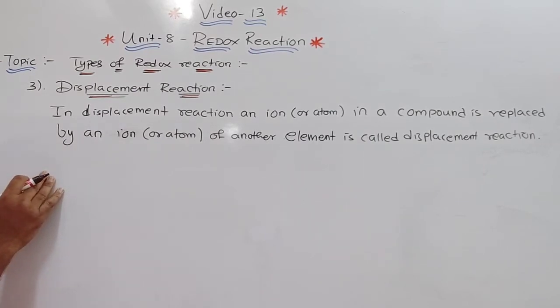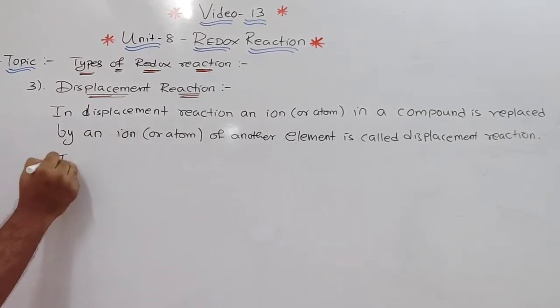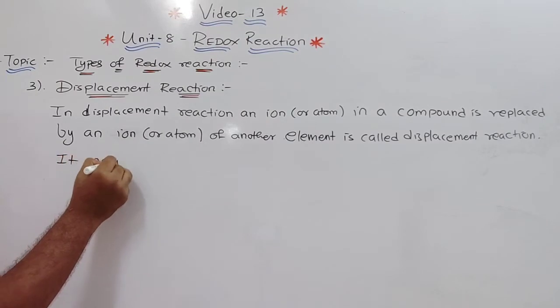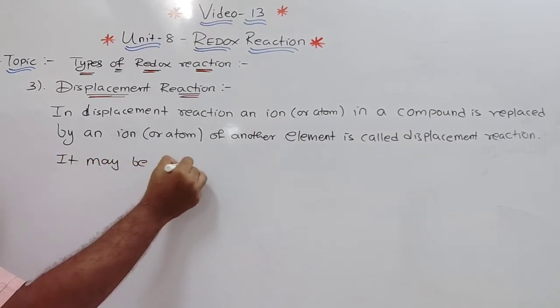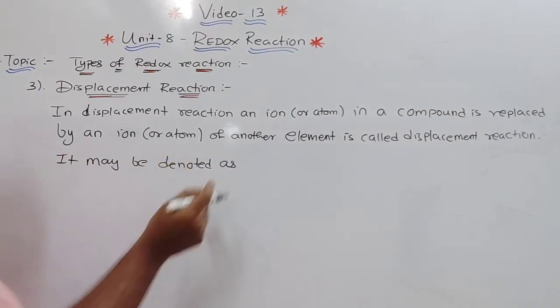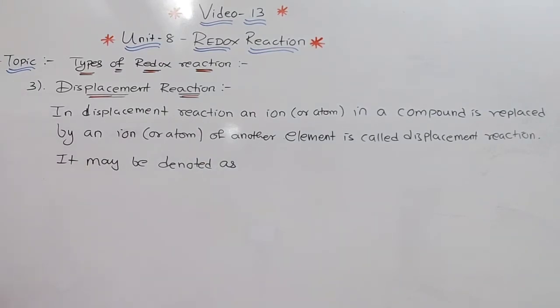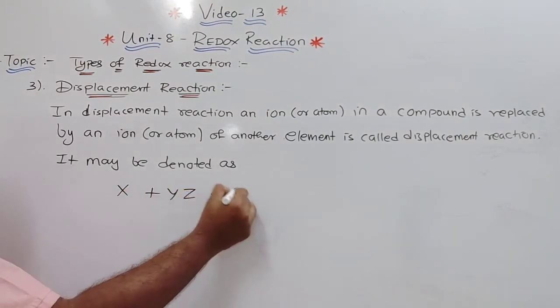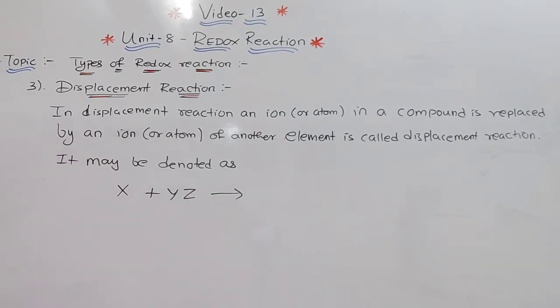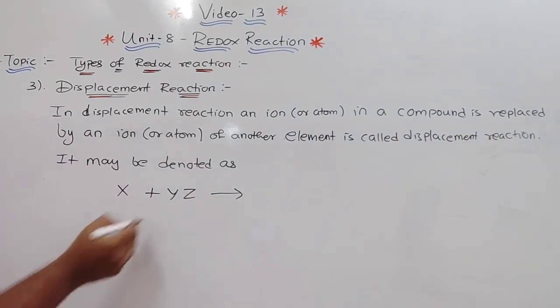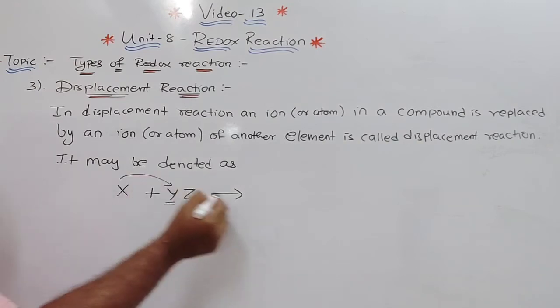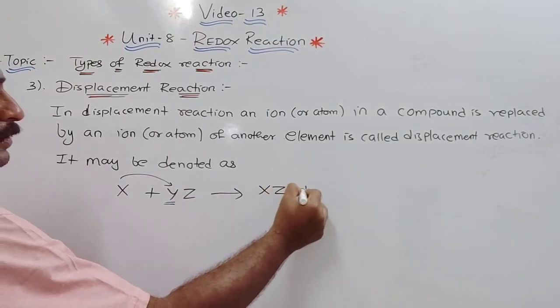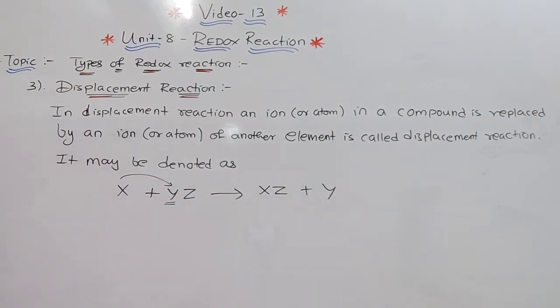Now this general form of a displacement reaction can be expressed in the form X plus YZ. Suppose Y is being replaced by X, so it will be XZ plus Y. This is the general form.